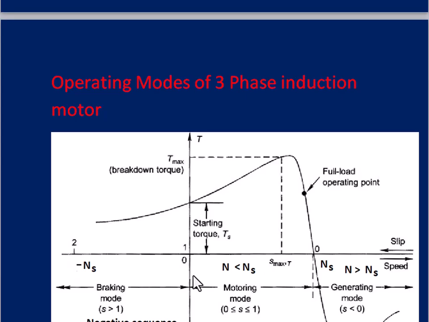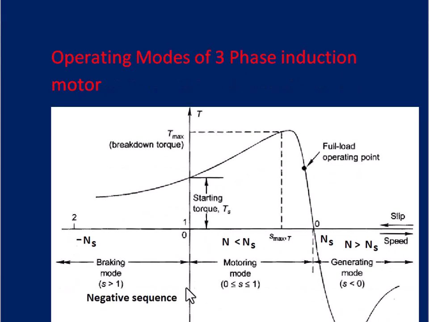And here the slip of the induction motor is 1 and the speed of the motor is 0, that is rotor speed is 0. Under that condition, the torque produced is called the starting torque, like this. Similarly, the maximum torque is this, that is Tmax, that is also called breakdown torque.